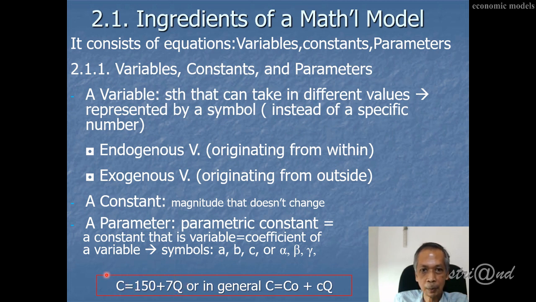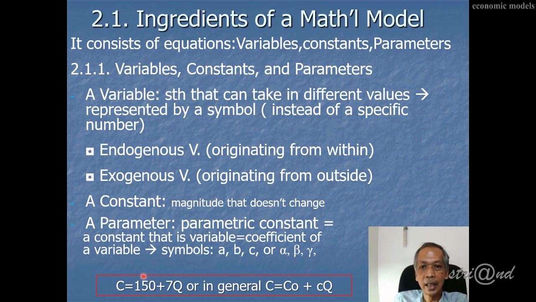So a variable is a value that varies. The value of Q can be 0, 1, 2, 3, so it varies. And the second thing is constant. This is an example of a constant in this example. 150 is always 150, so it is called constant because it is constant.